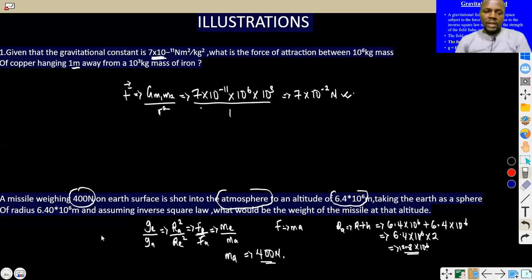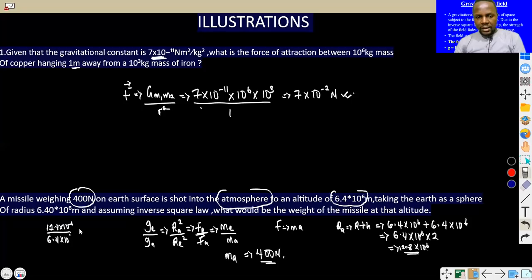So I will just relate the same formula now with my shortcut. I still don't want to use the full formula because it will give me a long process. From what I've related, if I take R of the atmosphere first, R of the atmosphere is 12.8 times 10 to the power 6, divided by the radius of the Earth, which is 6.4 times 10 to the power 6.